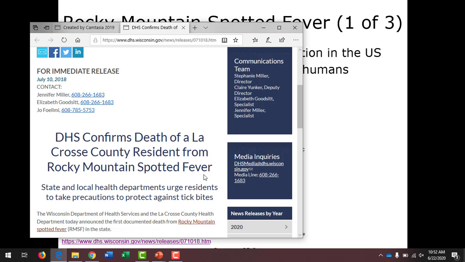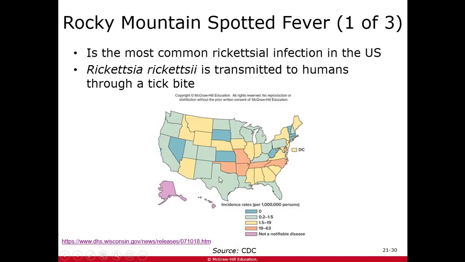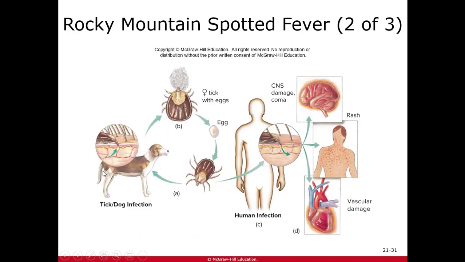They didn't know what it was. They had developed the rash, but because they didn't go to the doctor in time, the damage to their cardiovascular system, their blood vessels, was ultimately what caused their death. They were camping, long-term camping. It wasn't just a day. They had gotten a tick bite at some point. Otherwise, most of the cases are usually farther south of here, but we do get the occasional case.